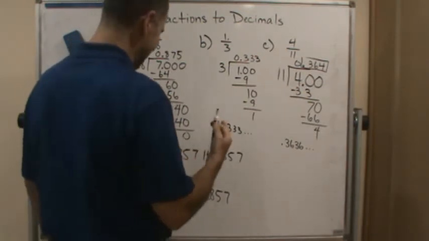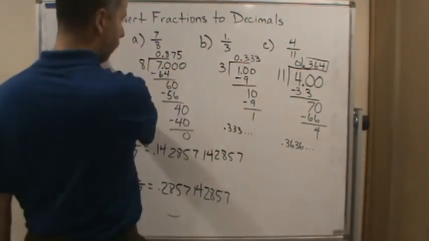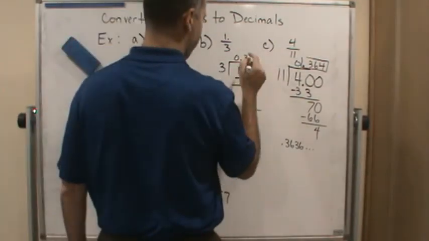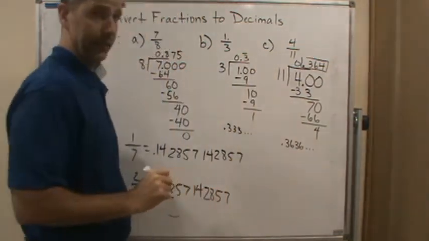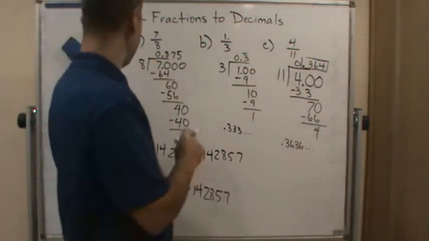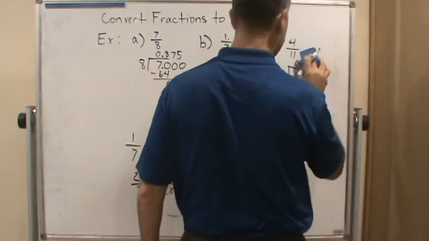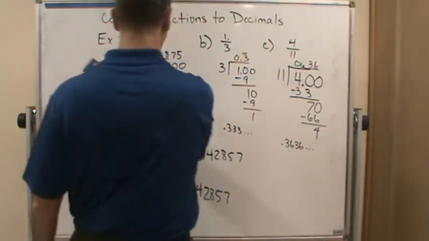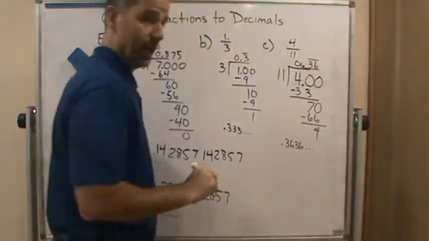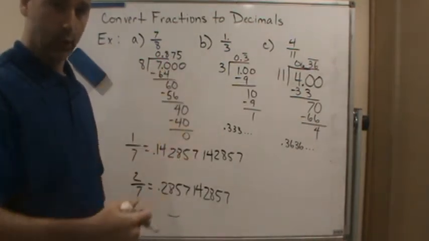So if I wanted the exact answer for 1/3, what I could do is put a bar over the 3, and that means that the 3 keeps going on and on and on. And if I wanted to give the exact equivalent decimal for this one, I would just put a bar over the 3 and the 6, which tells you that the 3 and the 6 are going to keep repeating over and over again.